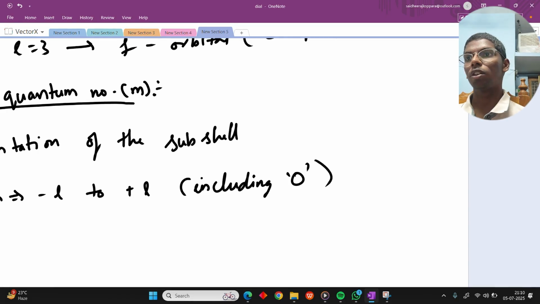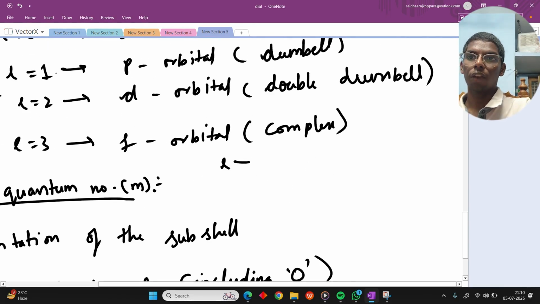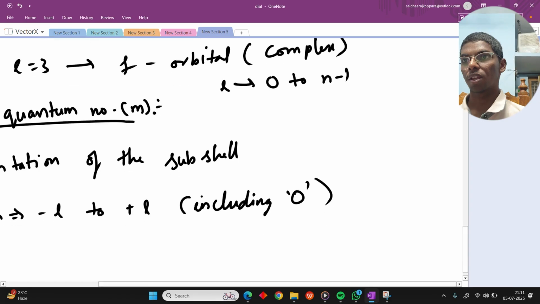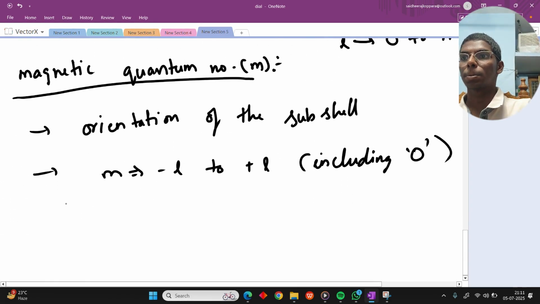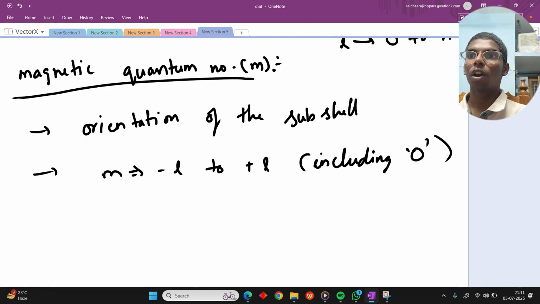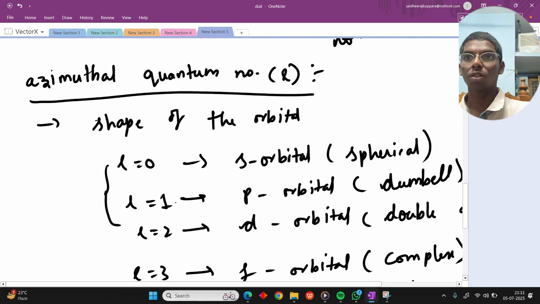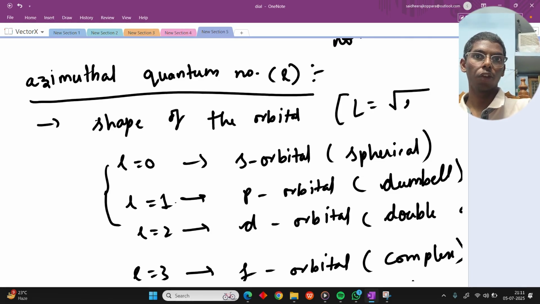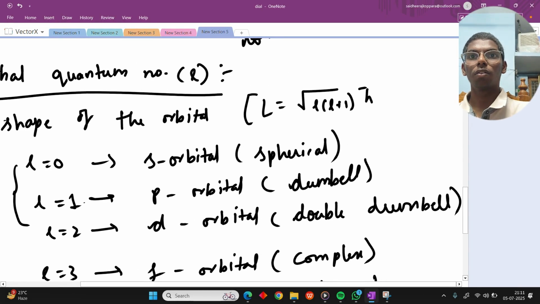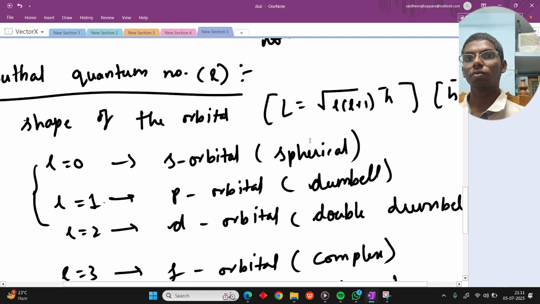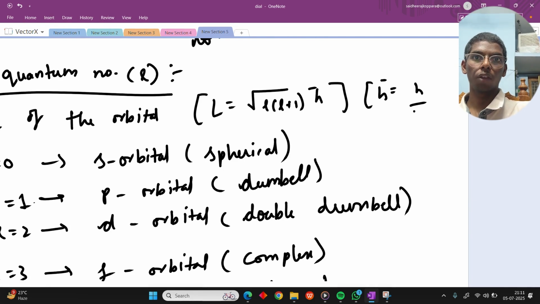And for l, the values range from 0 to n minus 1. You can also denote the angular momentum using this azimuthal quantum number, where L is given by root of l into l plus 1 times h bar, where h bar is h by 2 pi.